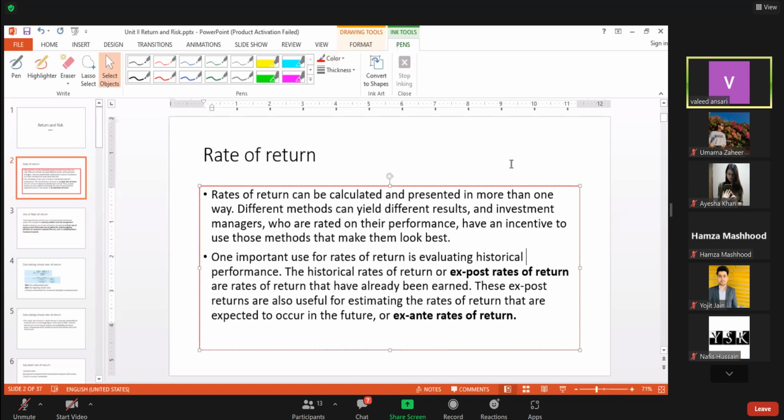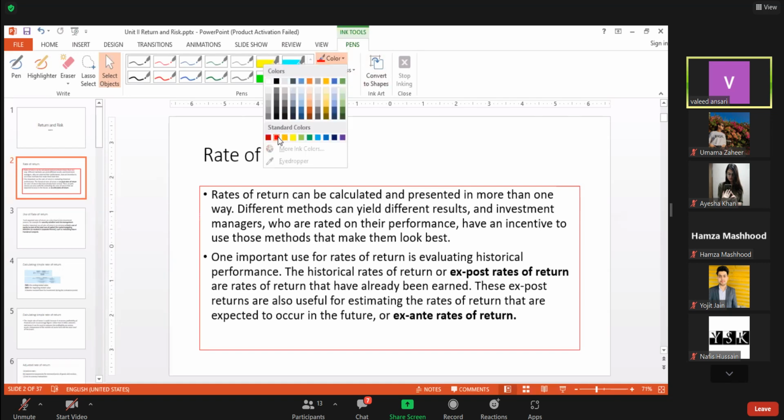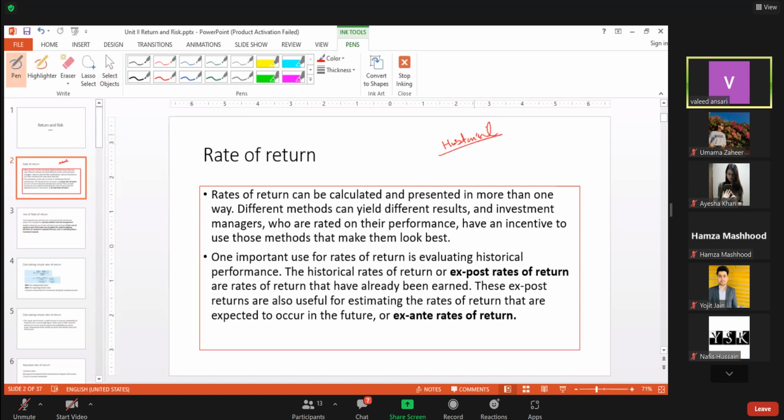The historical return is based on the past return, past price history.